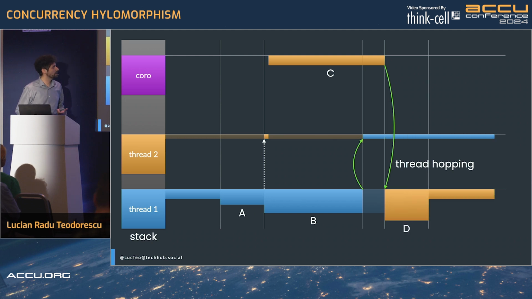You'll see that thread 2, which is yellow in my case, will execute D, but it will execute it on the stack of thread 1. And thread 1, which is blue, will continue on the stack of thread 2, which probably either goes back to sleep, takes another task from the pool, and all that. Does that kind of make sense? Like an idea how that would work?